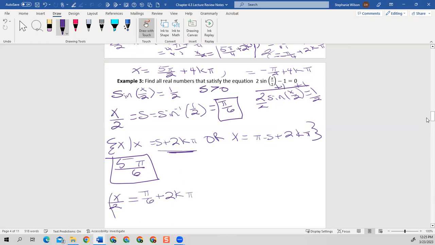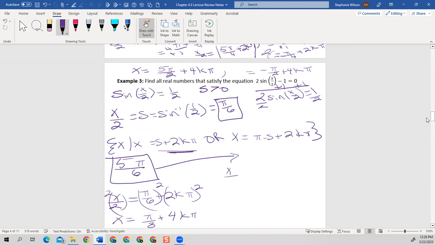Now, to undo this fraction, we know we're going to multiply all parts by that 2. So that 2 and 6 reduces and leaves me with x equals pi thirds. That 2 times 2 gives me 4k pi. Now, let's take this one over here and solve for it again. So we're going to have a total of 4, okay?